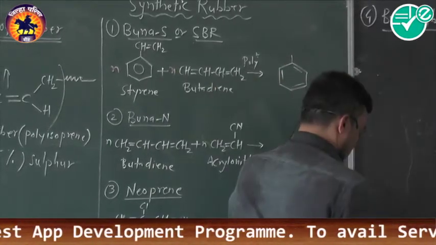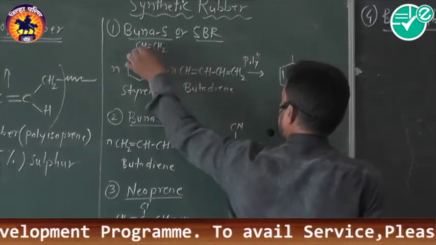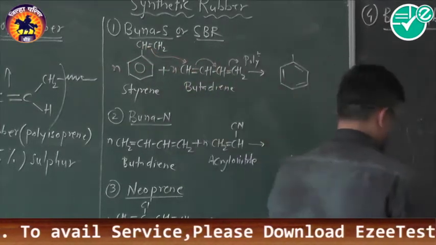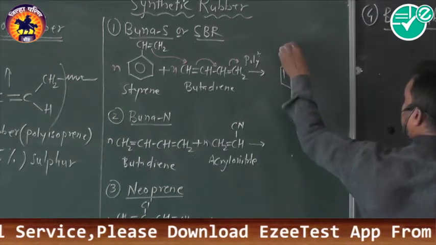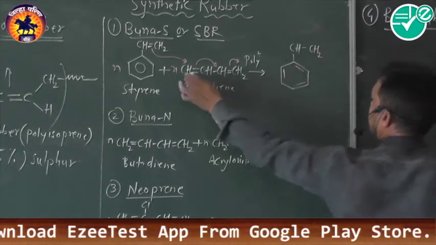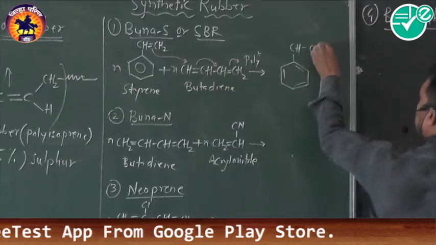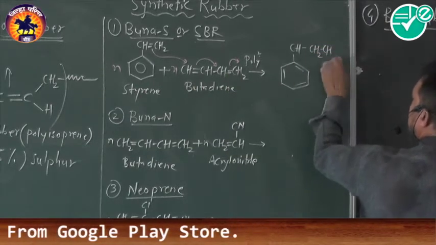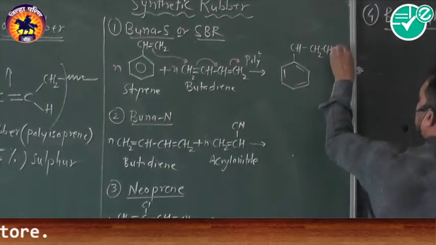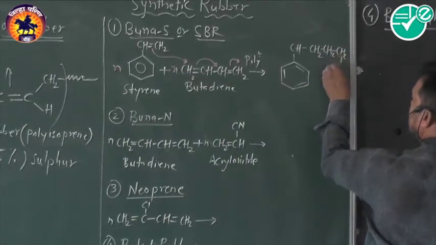Here the CH2 undergoes formation of this polymer, CH single bond CH2, then 1 2 3 4. This chain is the continuous formation of the SBR.